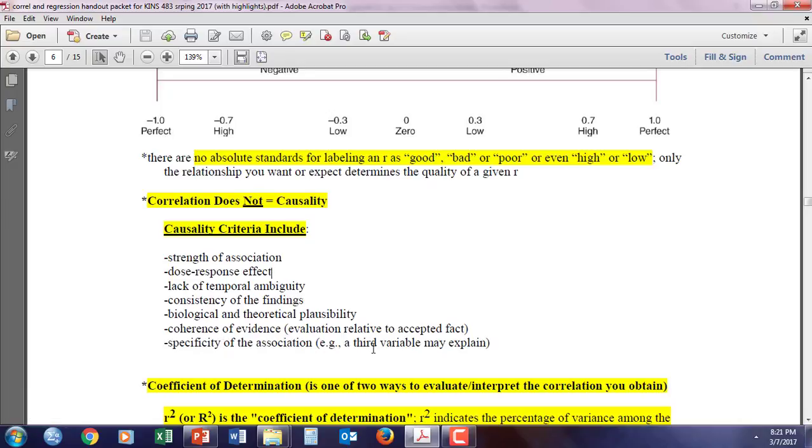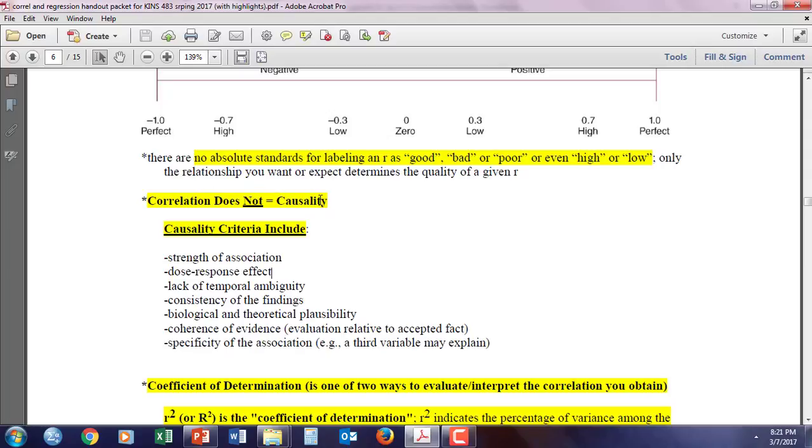There can't be a third variable that could explain what is going on. The greatest example of that is the example I gave before of shoe size and intelligence. Maybe the third variable in that case is age that is really the driving factor. So please make sure you familiarize yourself with these criteria of causation.